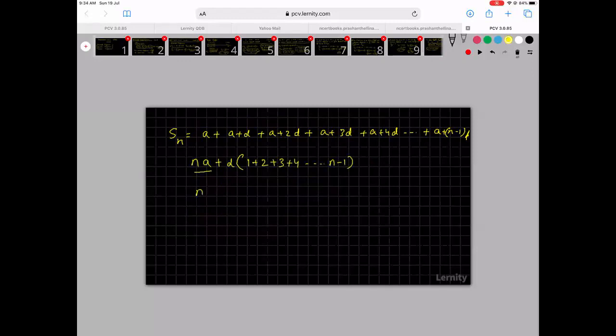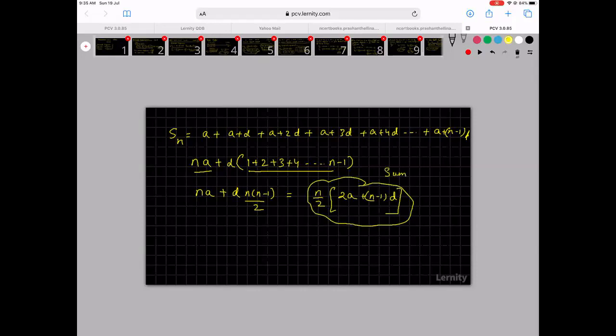This is the sum of n consecutive terms, so that is n into n minus 1 by 2. Now if I take LCM, I'll get n by 2 common into 2 times A plus n minus 1 into D. So this is the other way I can try to get the sum of n terms. Yeah, so this is the sum of n terms.